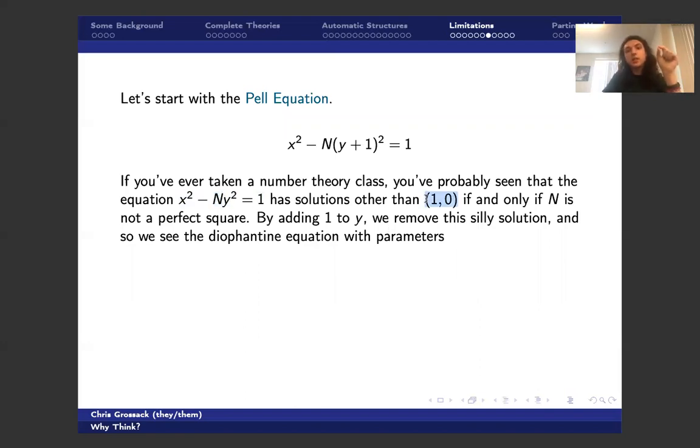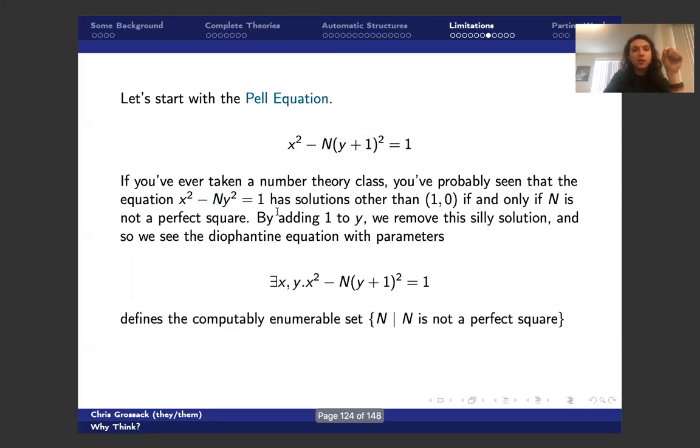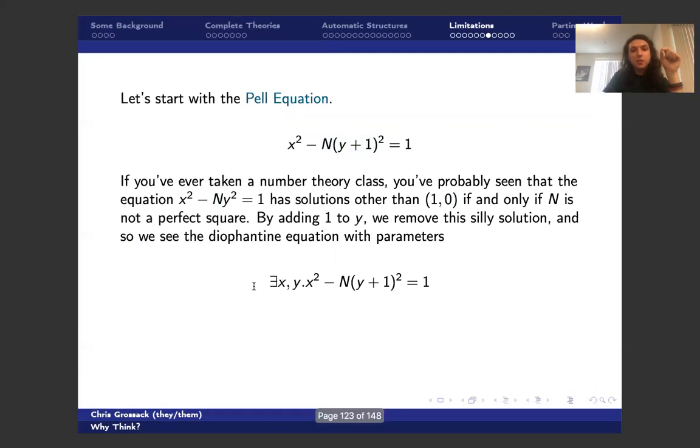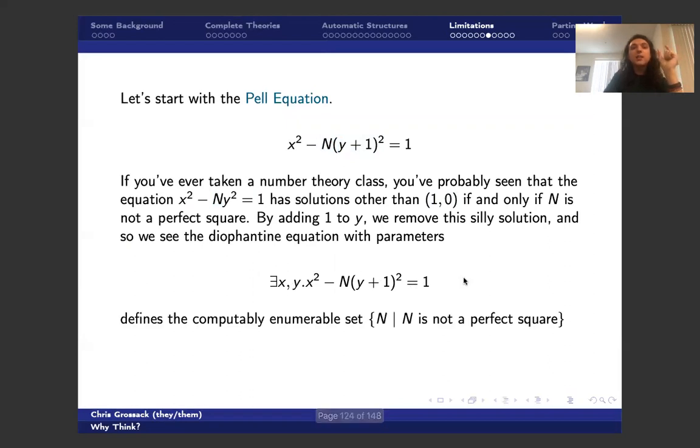There's always the silly solution, and we add 1 to y to get rid of this silly solution. So this Diophantine equation is solvable if and only if n is not a perfect square. That means this formula here, there exists an x and a y such that the Diophantine equation is solvable, defines the computably enumerable set of all n for which n is not a perfect square.